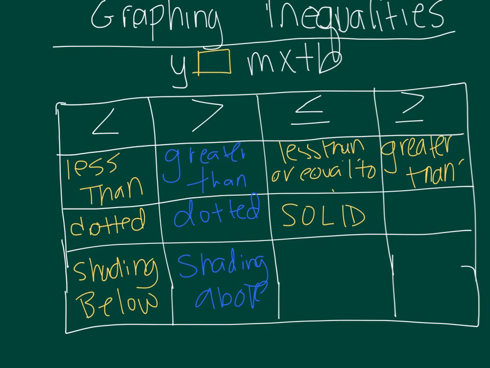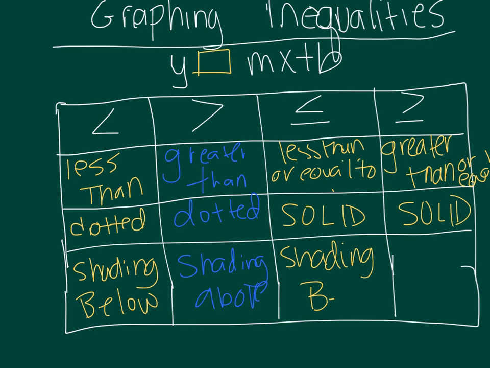Same with the greater than or equal. It's also going to be solid. The less than or equal is just going to be shading below. And the greater than or equal to is going to be shading above.